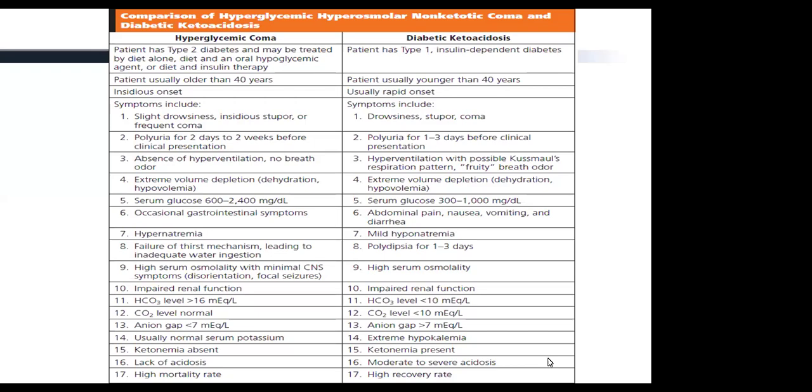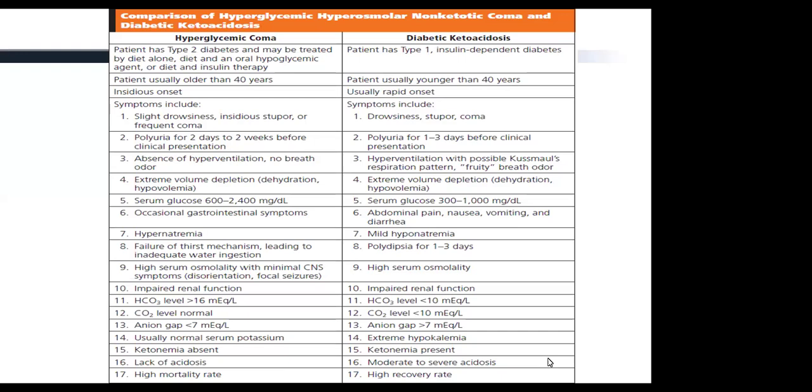DKA is also more common in patients who are dependent on insulin. The anion gap in DKA is usually more than 7, while in HHS it is less than 7. And then the rest of these as well.